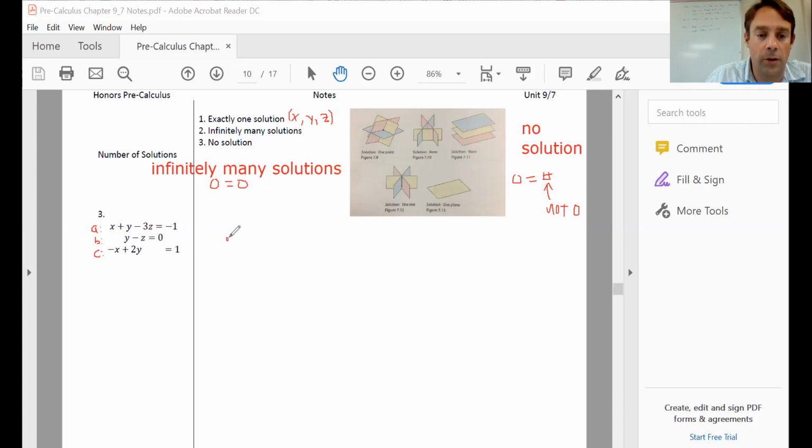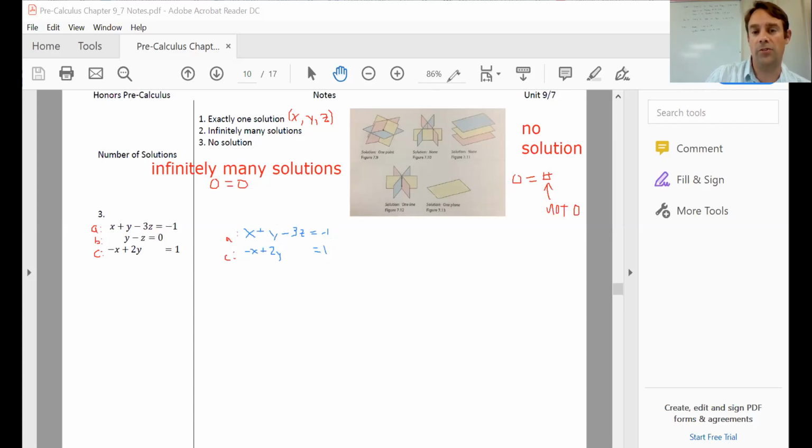First of all, I'm going to take A and C because I think those x's are just asking to be eliminated. So I got x plus y minus 3z equals negative 1. I get negative x plus 2y equals 1. Now notice I don't have a z there. That's okay.